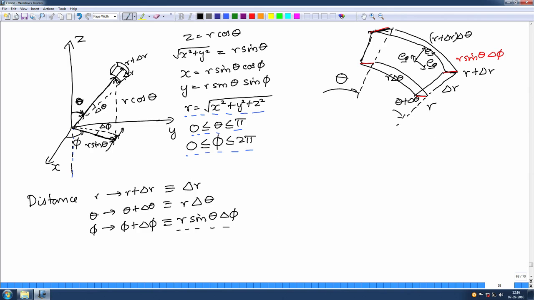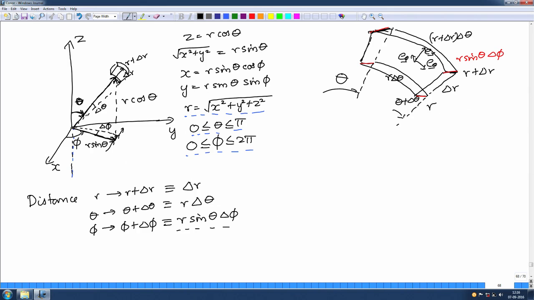And one of the surfaces in a spherical coordinate system is of course at a constant distance from the origin. If you have a spherical shell as a boundary, the distance of every point on that from the origin is a constant. And therefore, one would prefer to choose the distance from the origin as one of the coordinates. And that is what is written as the radial coordinate over here, the distance from the origin.